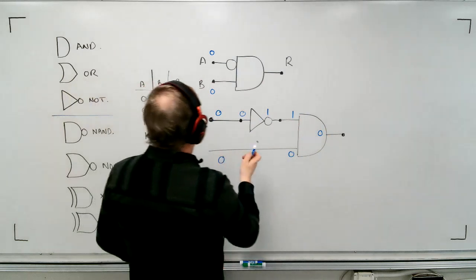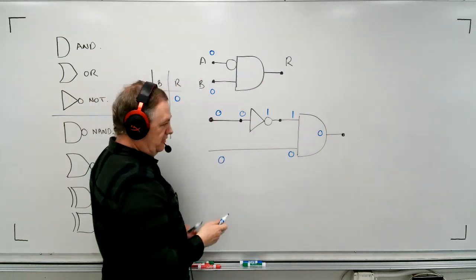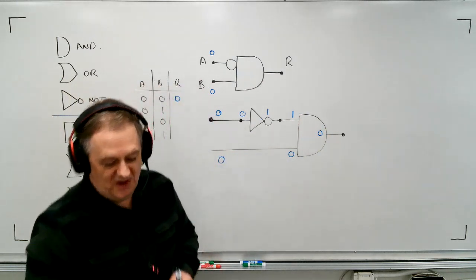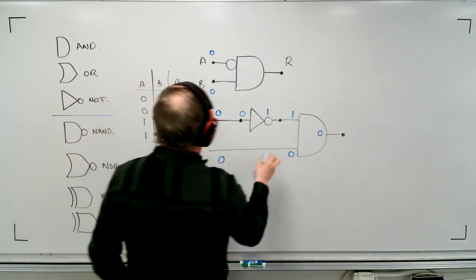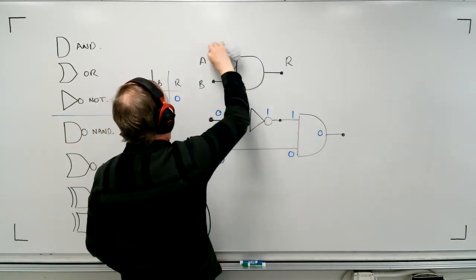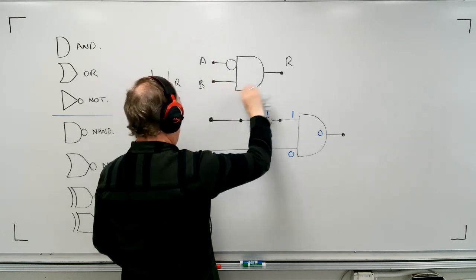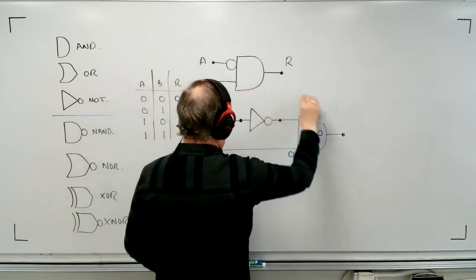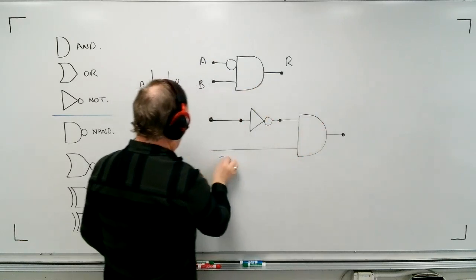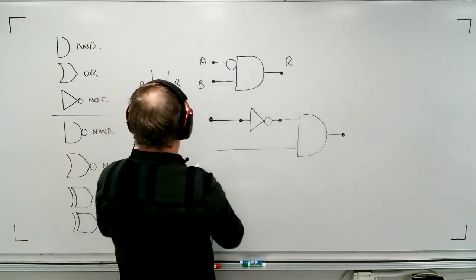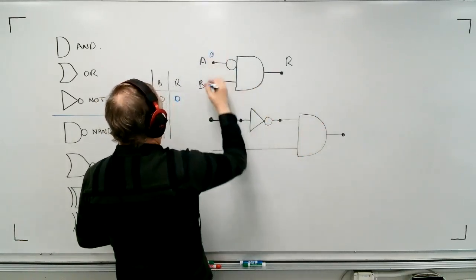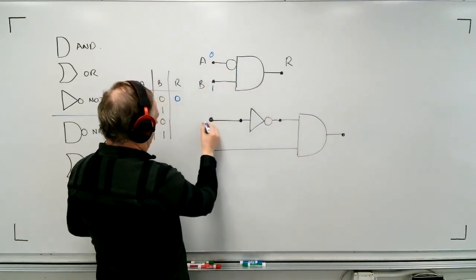Now, here's where the whiteboard works well. If you do these with a pencil, you can also make it work pretty good, just erase your letters out of there. What about this? 0 and 1. I'm going to put the same thing here, 0 and 1.